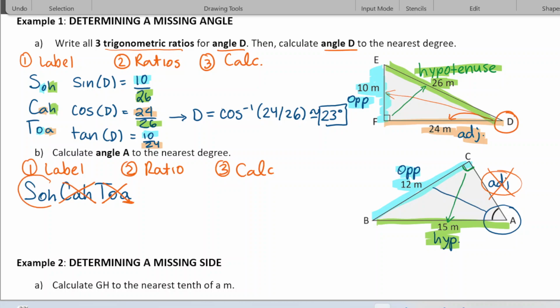I want to use the sine ratio here because I have both the opposite measurement, that's 12, and the hypotenuse, which is 15. So I can write my sine ratio, which is just the opposite side over the hypotenuse side, and I have both of those measurements. That's why I'm using this one. And I can go ahead and then calculate my angle using the inverse sine button.